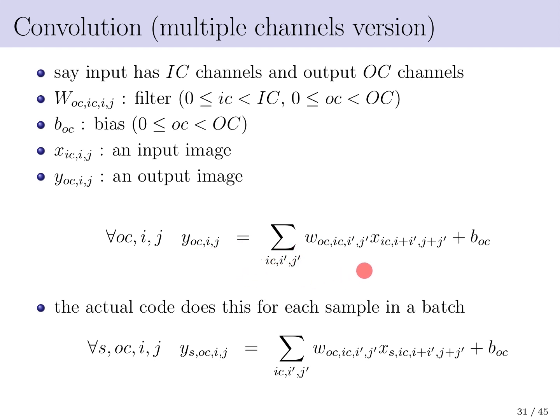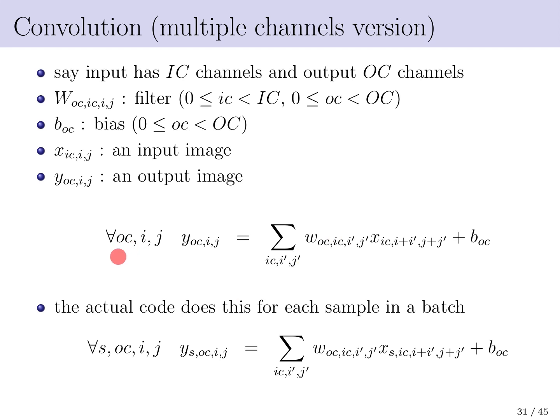So in a way, it's essentially doing the same thing, but the inner product is taken for a somewhat larger vector, because it is now taking the sum over all the input channels.